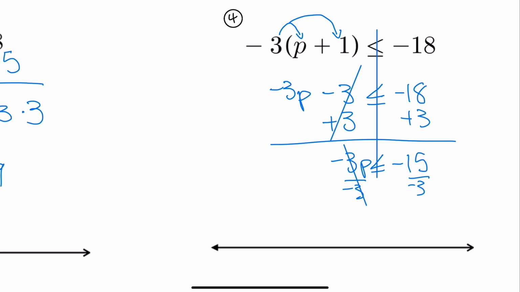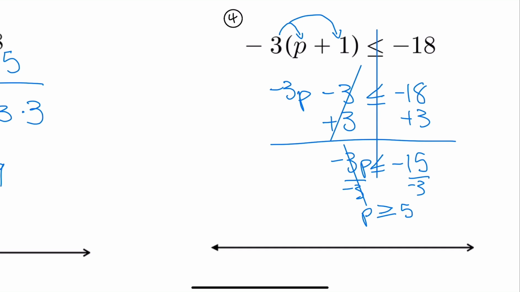So instead of p is less than or equal to, we're going to have p is greater than or equal to. -15 divided by -3 is going to be a +5. So don't get tripped up by that. It's the one difference that we have just because our inequality signs have the ability to change.